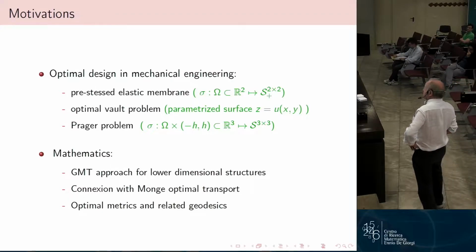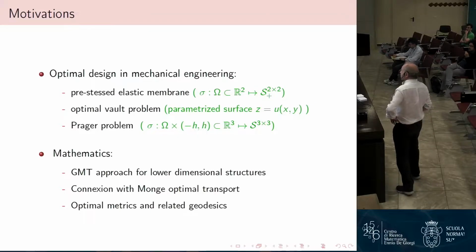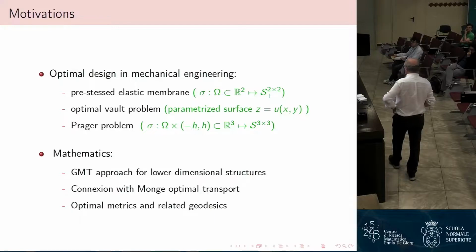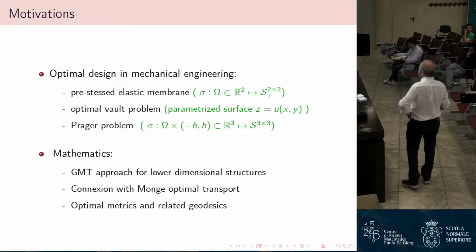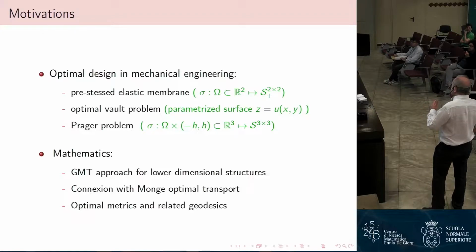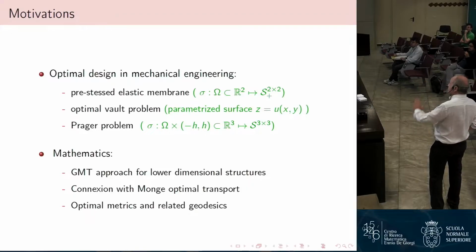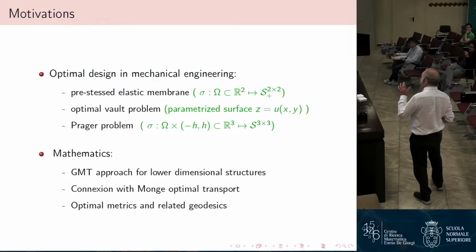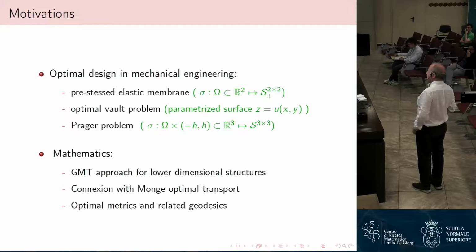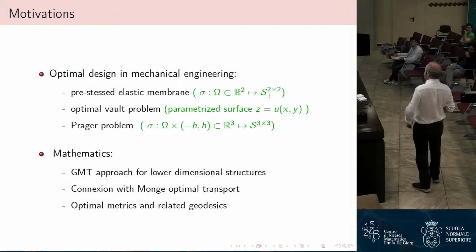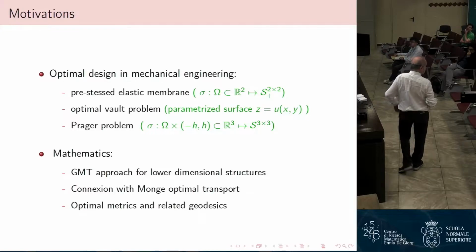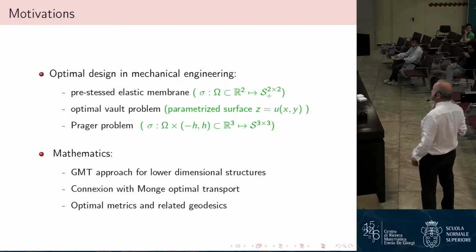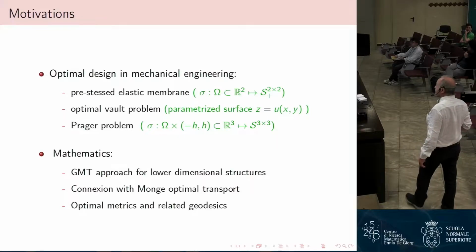In general, it is a stress measure, which is valued in a symmetric tensor, which can be positive or negative, but in my case, in the first model I will describe, the main problem, the pre-stress elastic membrane, we are looking for a vector measure, which is the unknown of the problem, valued in a positive symmetric tensor.